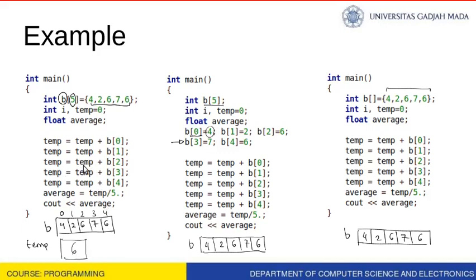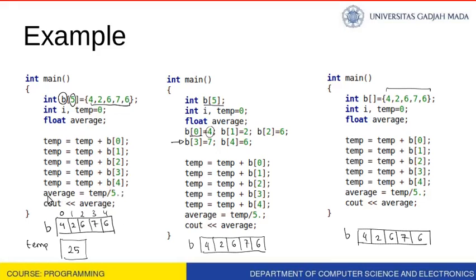The next step is the temp, which is 6, plus the b2. b2 is 6. 6 plus 6 is 12. And then 12 plus b3. What is b3? b3 is 7. 12 plus 7 is 19. And then the last is 19 plus 6. This is 25. Right?